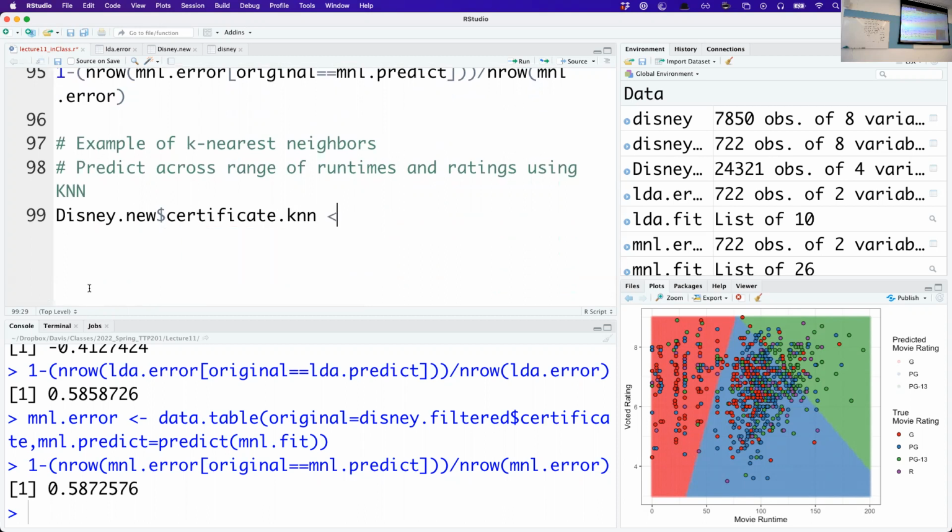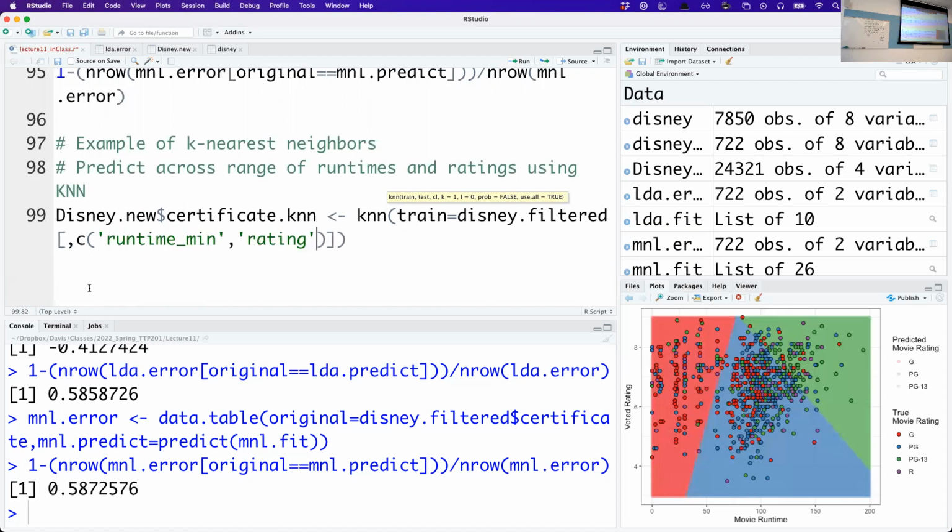This function uses knn, and we're going to train on our data set here. And we're going to have a test set of the expand grid, that matrix that we made for the new inputs.